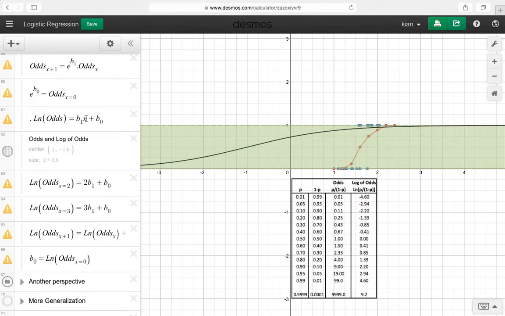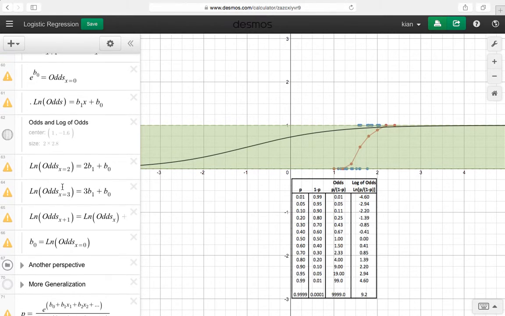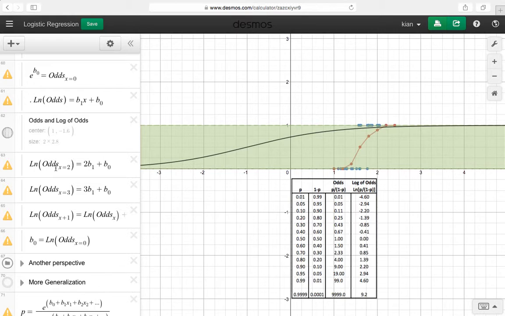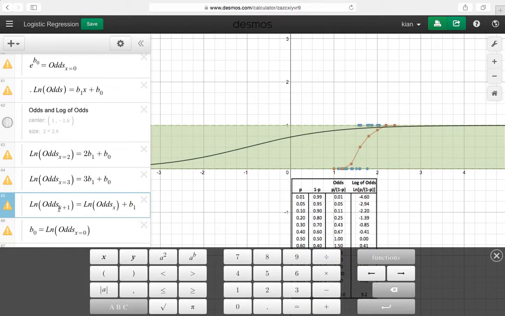Going back to the newest version of our old equation, we can see that there's a new interpretation for beta 1 and beta 0 based on this format. So repeating what we did before, calculating the log of, this time, the log of odds for x equals 2 and x equals 3, we can see that a unit increase in x would increase the log of odds by beta 1, or in general, log of odds at x plus 1 would be the log of odds at x plus beta 1.